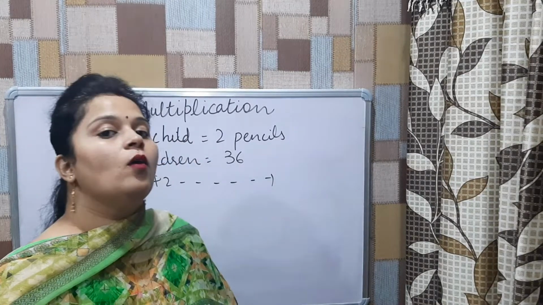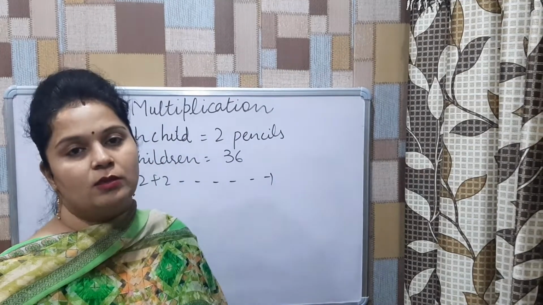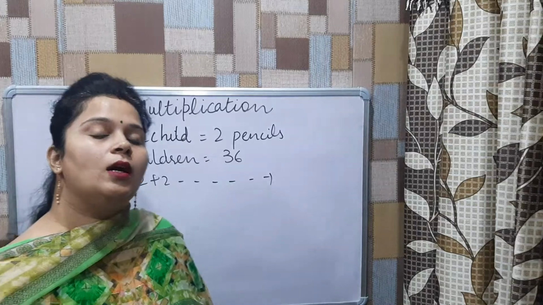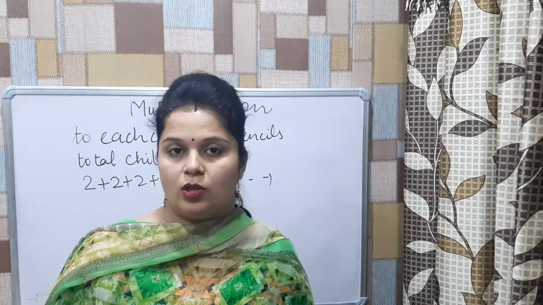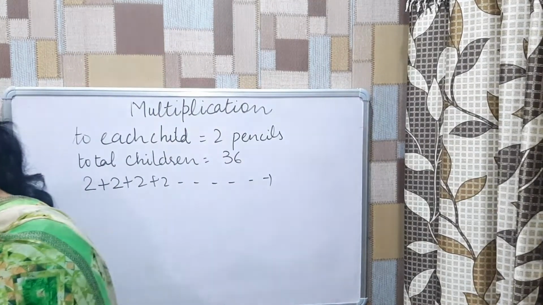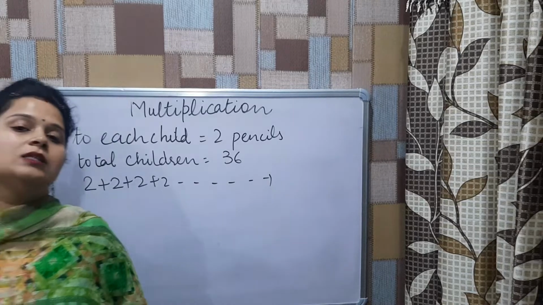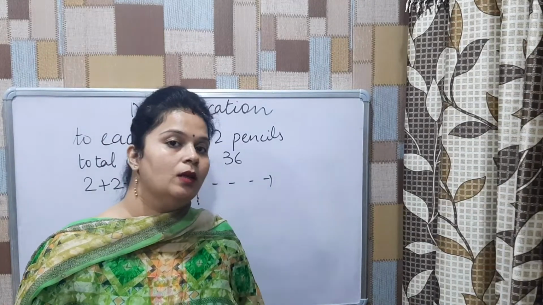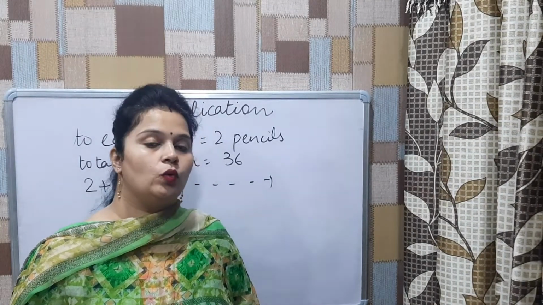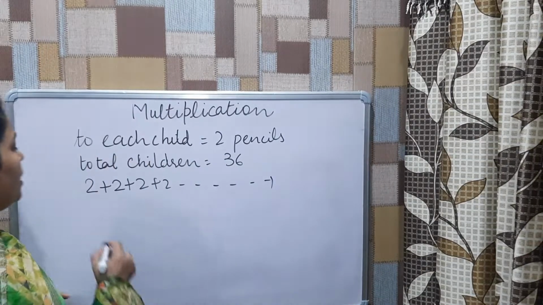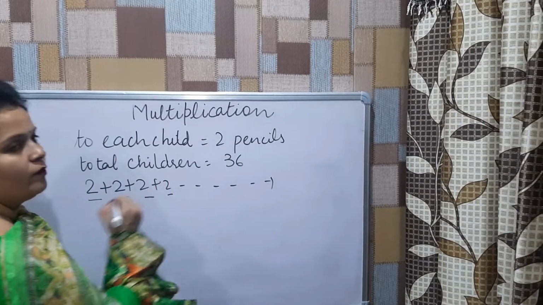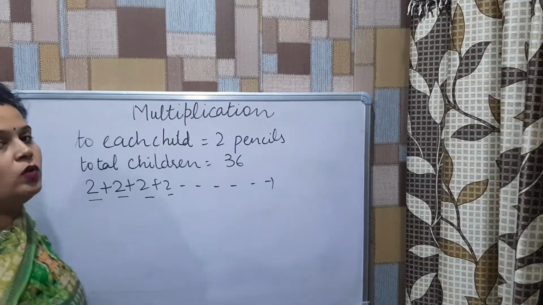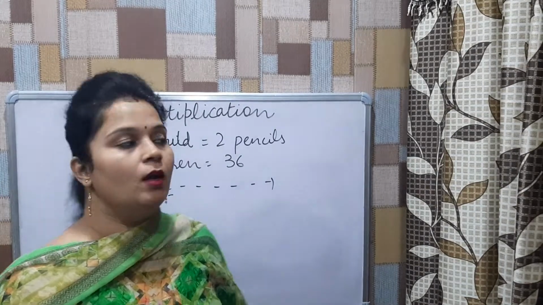Now children, when the addends are same, I repeat, the short way of finding the sum, the total number, is multiplication.